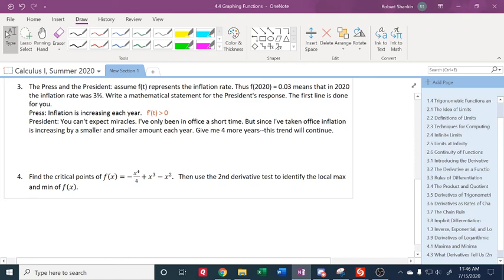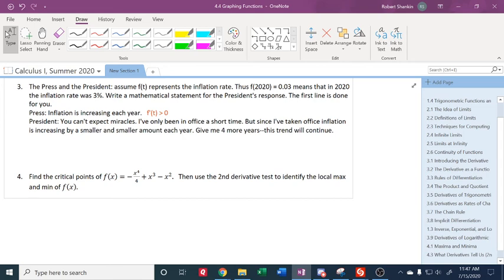And there's kind of a press conference. We're going to assume that F of t represents the inflation rate. Thus, if you had F of 2020 equals 0.03, that means that in the year 2020, the inflation rate was 3%.